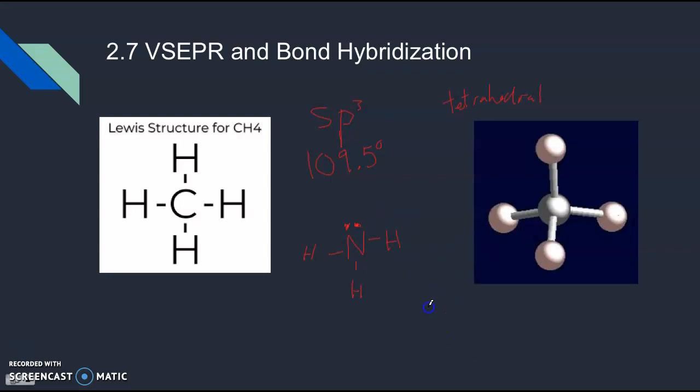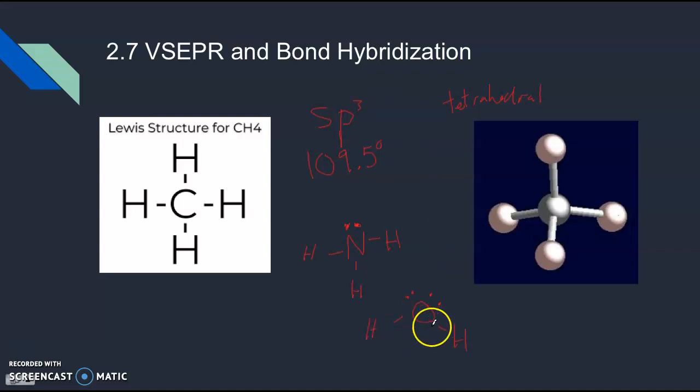Another example of this is water. Where you have two bonds and two lone pairs. This is still sp3 hybridization, still based on the bond angle of 109.5. The bond angle is even less.